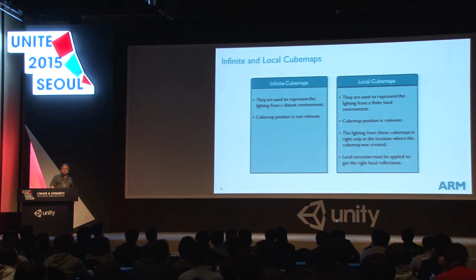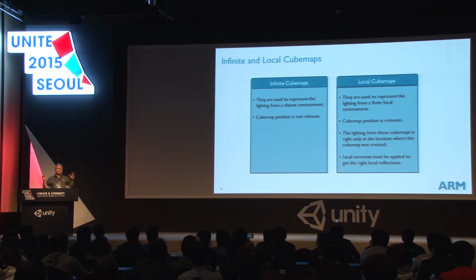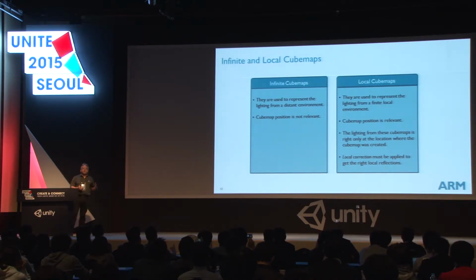So at this point, we must clearly distinguish between two types of cube maps: infinite cube maps or standard cube maps, and local cube maps. We use infinite cube maps when we are dealing with reflections coming from a distant environment, for example, from the sky. We use local cube maps when we are dealing with reflections in a local environment.